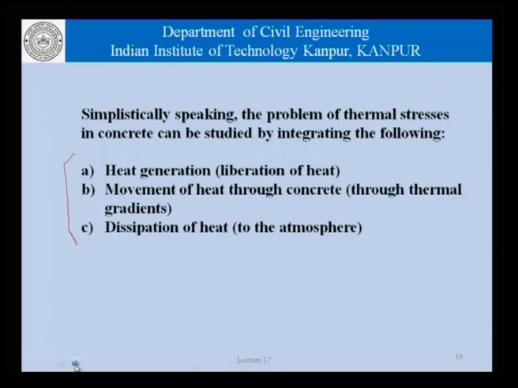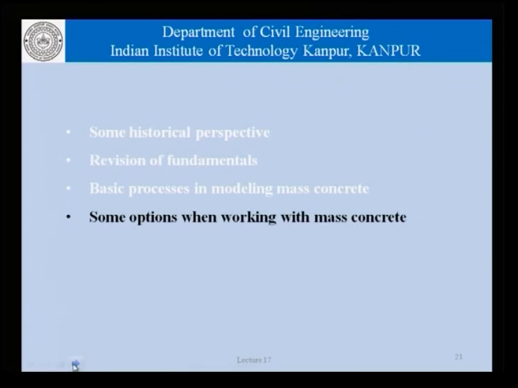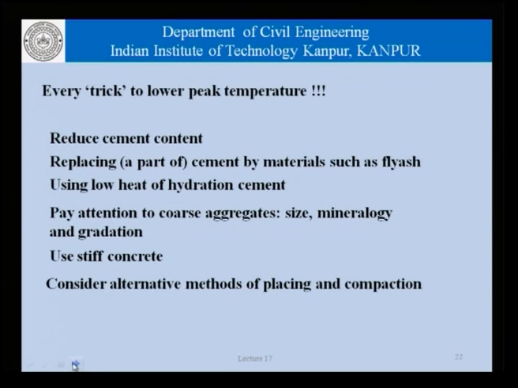So, with this discussion, we had gone on to discuss some of the options that we have when we deal with mass concrete applications, and the bottom line was that every trick that can be used to lower the peak temperature of concrete.